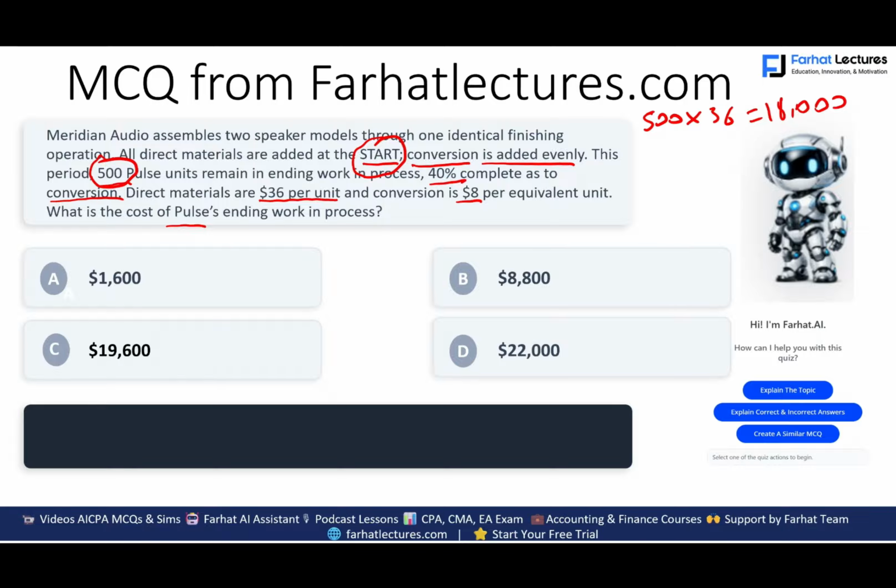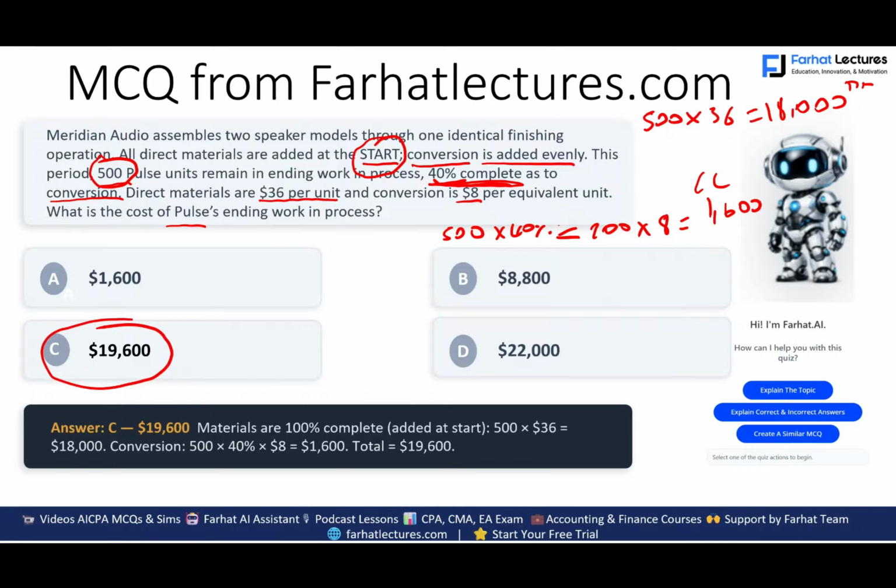Then as far as the conversion cost, the ending work in process is 40% complete. 40% complete means we have 500 units times 40% complete. That's the equivalent unit, 200, times $8, that is 1,600. So this is the conversion cost. This is the direct material. When we add them up, they are up to 19,600.